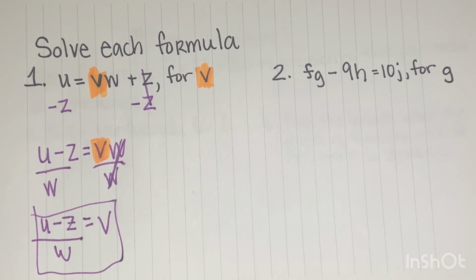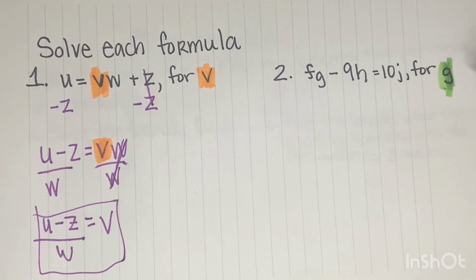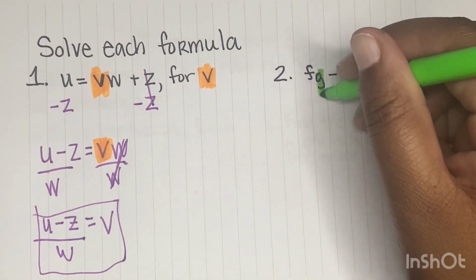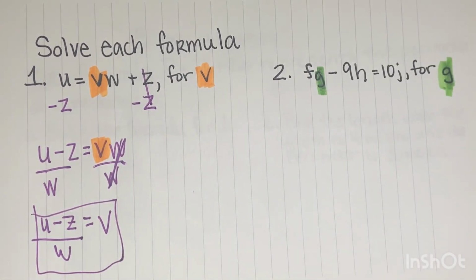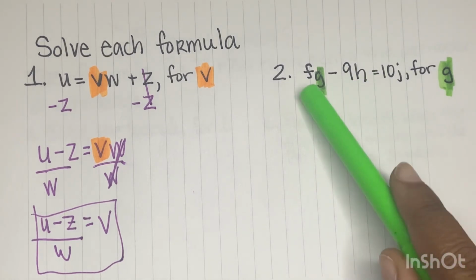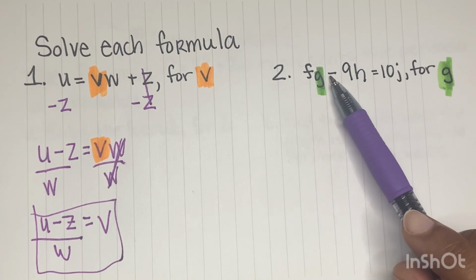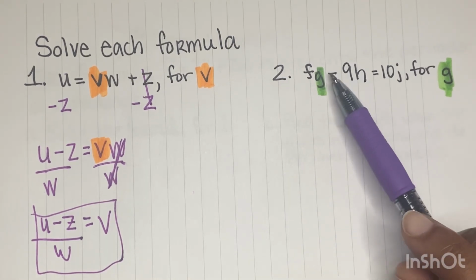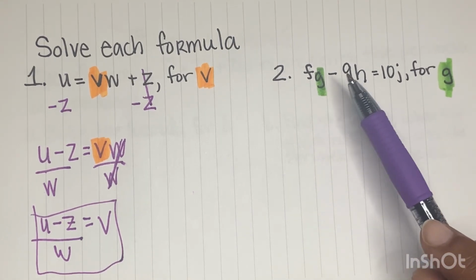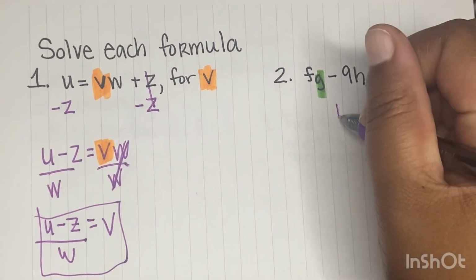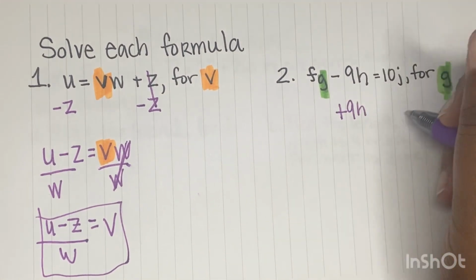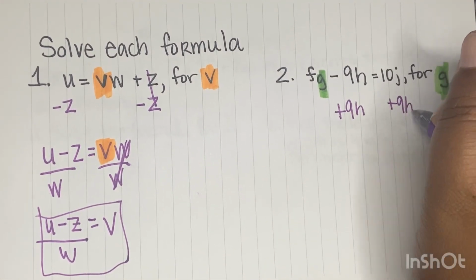All right, so let's check out number two, okay? Number two, it wants us to solve the equation for G. So I'm looking at G here, and I know I need this G by itself. So everything else on this side has to go. So what I'm gonna do is look at this 9H and do the opposite of that. So I'm gonna add 9H to both sides.